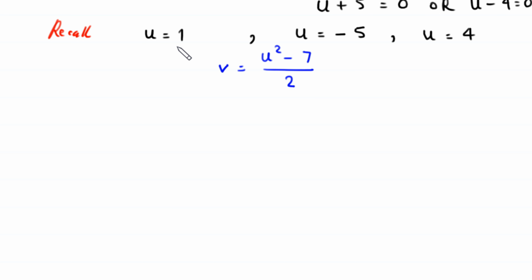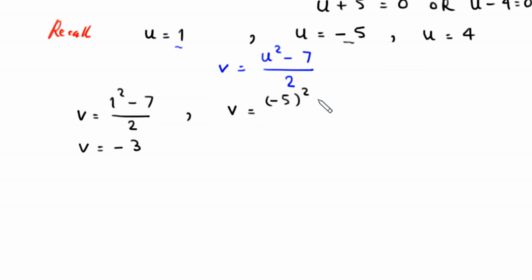So when u is 1, then v will be equal to (1 squared minus 7) over 2, and this will be equal to negative 3.